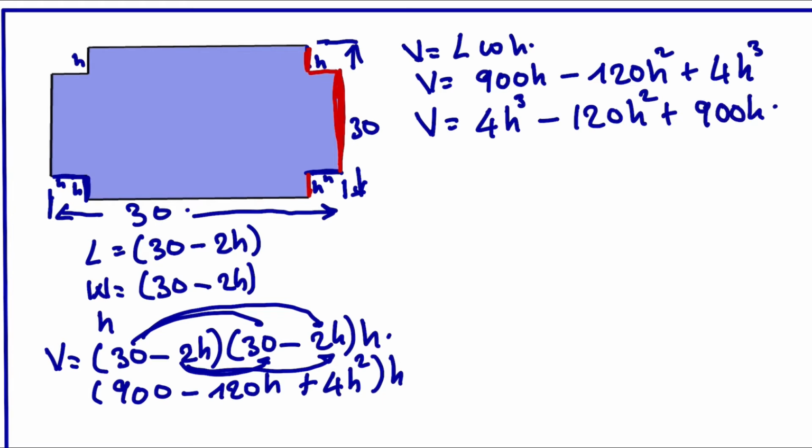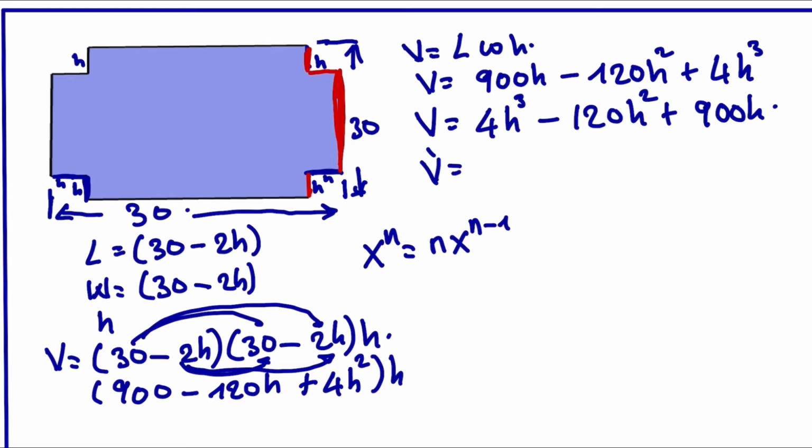Okay, the next thing to do is for us to differentiate. If we look for the derivative, V prime, we know that when we have x to the n, differentiating is the same as n x to the n minus 1.